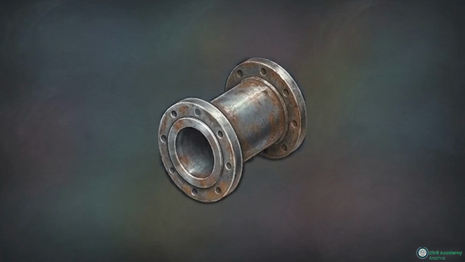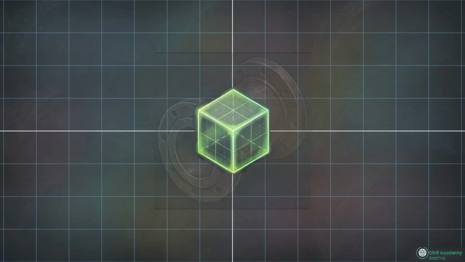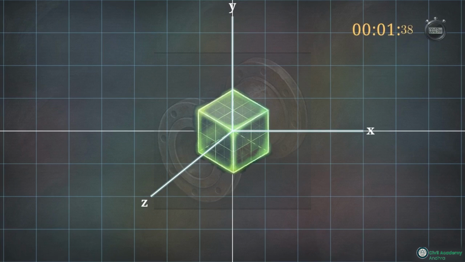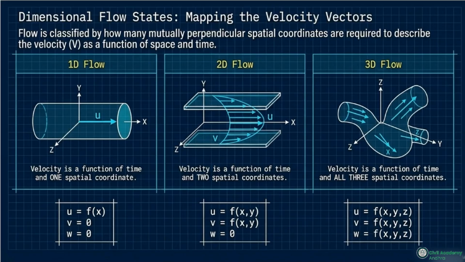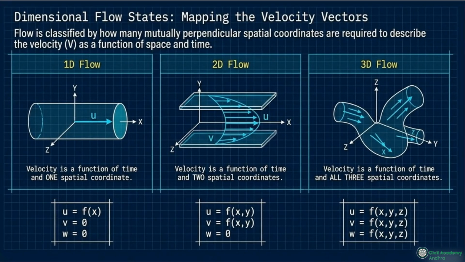To measure that control volume accurately, we translate physical space into a mathematical grid. We use mutually perpendicular spatial coordinates, x, y, and z, along with the independent variable of time, to map the velocity vector of the fluid. This matrix maps the three potential states. On the left, 1D flow relies on a single spatial coordinate. In the center, 2D flow requires two spatial coordinates.